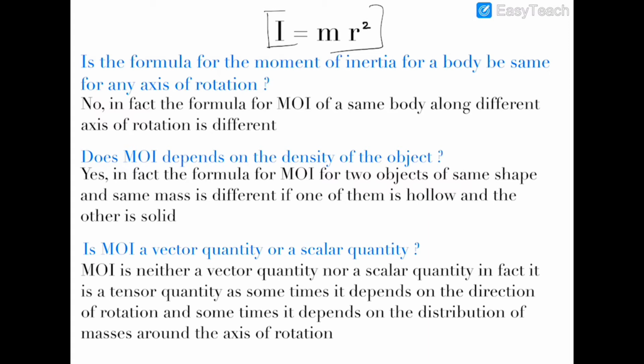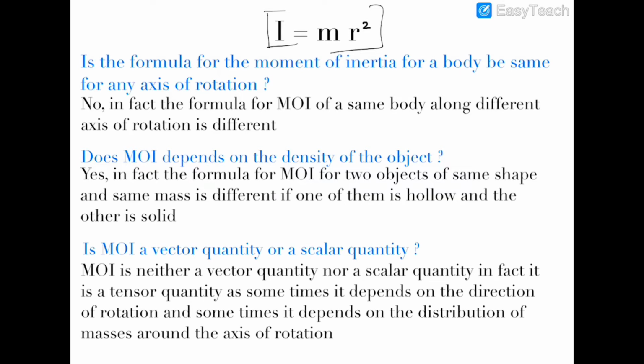If we take a solid sphere and a hollow sphere of the same mass and same radius, rotating about a common axis, then the formula for moment of inertia for both of them would be different, because their density is different. So yes, moment of inertia depends on the density of the object.